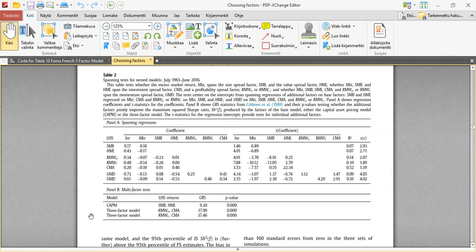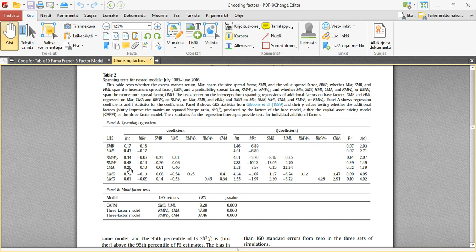What we see then here in the last row, we do a simultaneous test using this equation, where we have on the left-hand side the profitability factor using cash profitability and the investment factor. We regress these two risk factors on the three-factor model, and we test these two intercept terms here, 0.48 and 0.20, simultaneously.